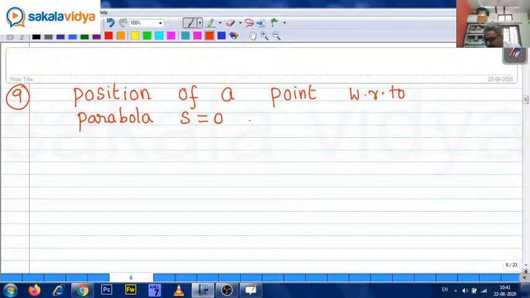S stands for the standard equation only, you remember. So you need to substitute the point now.